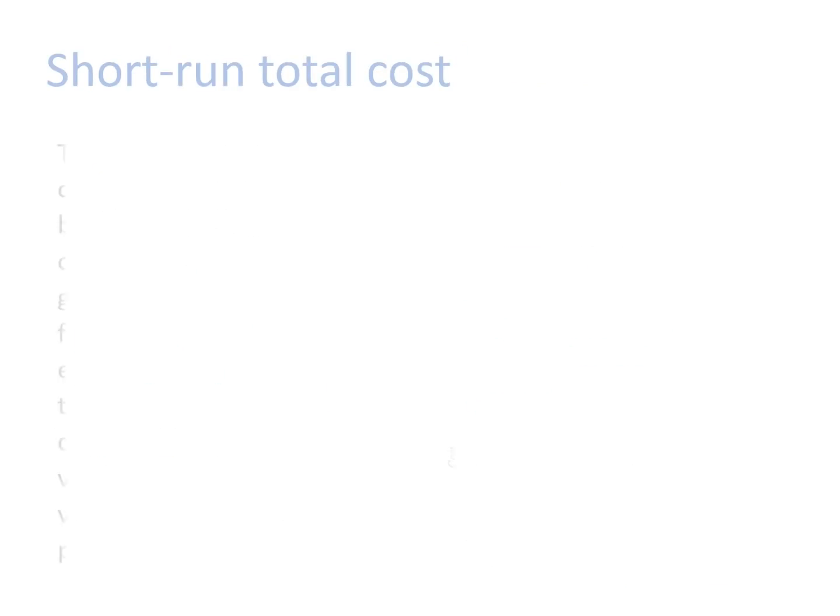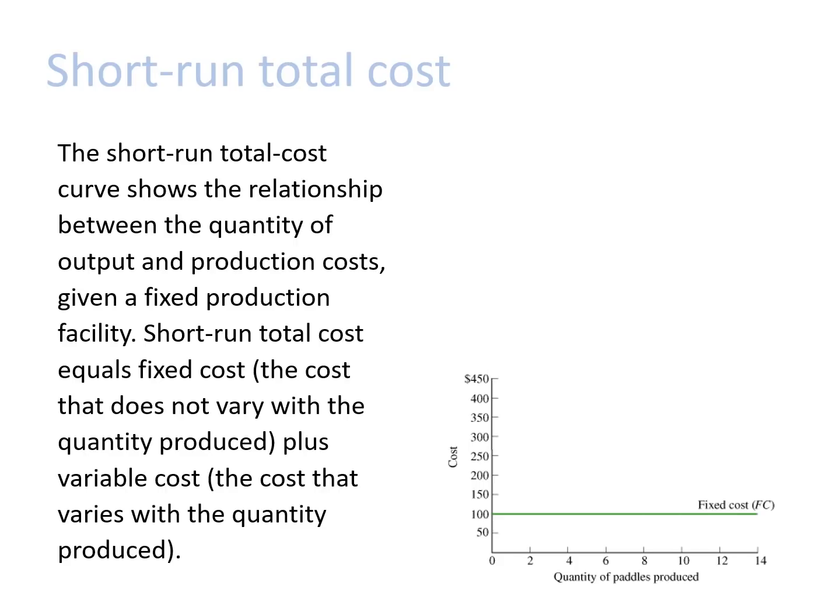Short-run total costs. The short-run total costs curve is a graph that shows the relationship between the quantity or amount being output and the production costs. Given that you have a fixed production facility, the short-run costs will equal the fixed costs plus the variable costs.